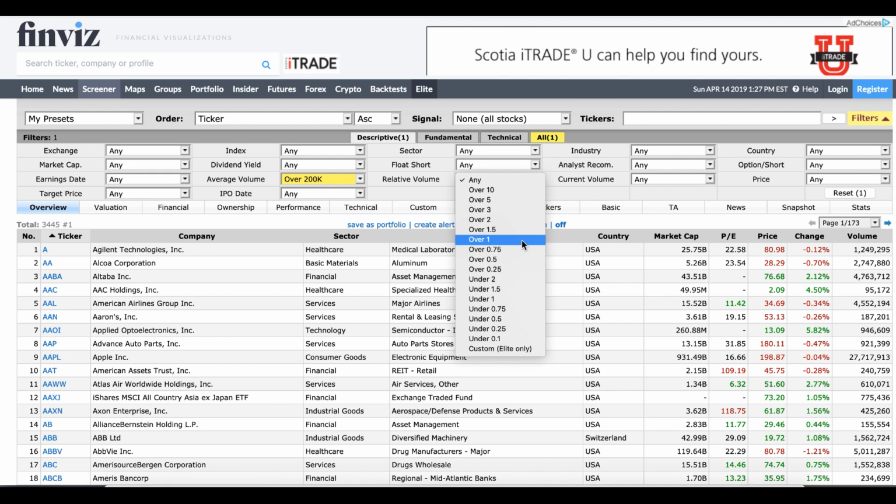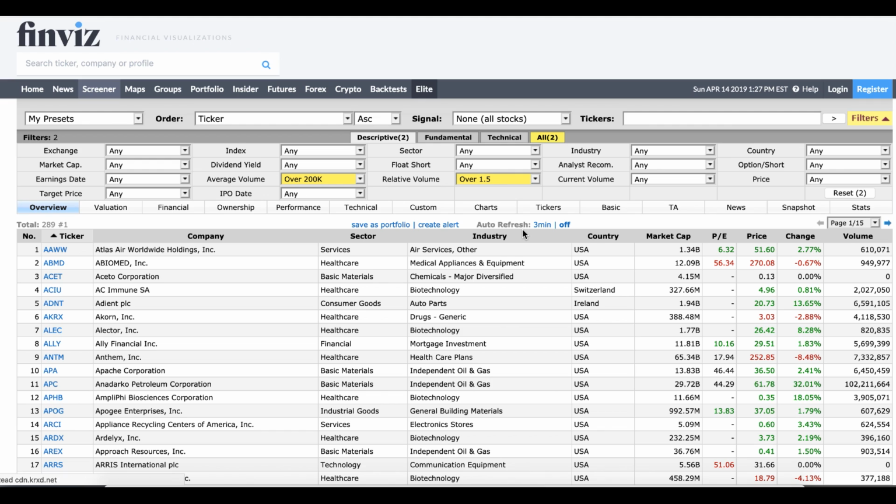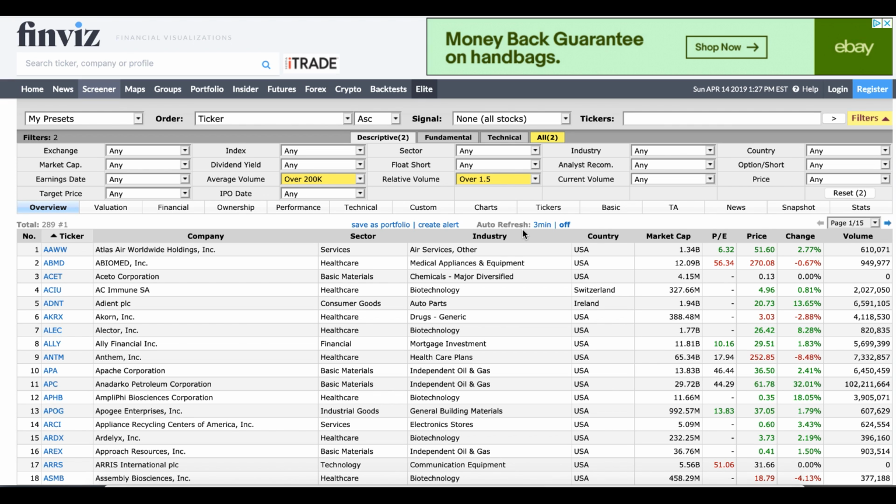So I use over 1.5. You can use over 1, whatever you want. This is just something I use. So now we're down from 3,400 stocks to 289. It's really starting to become manageable already, and we're really not finished yet.